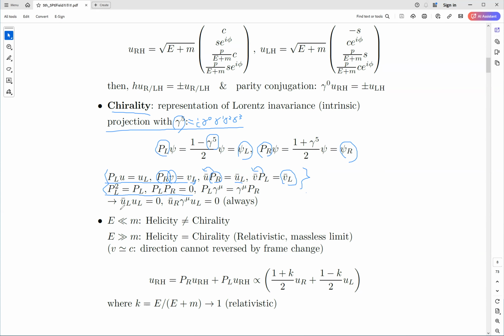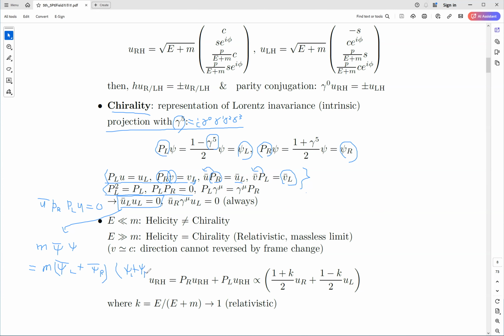By using such an identity, we can derive two facts. First of all, U_R bar U_L is always 0, because U_R bar is U bar P_L, since this is an adjoint spinor, and U_L is P_L U, so this gives 0 always. So for the mass term, for example in the Lagrangian, psi bar psi, we can decompose this mass term into the left-handed psi_L and right-handed psi_R, both adjoint, and also the original spinors.